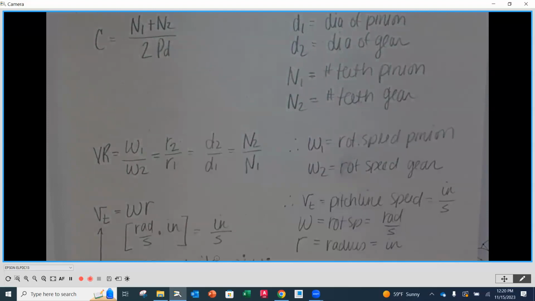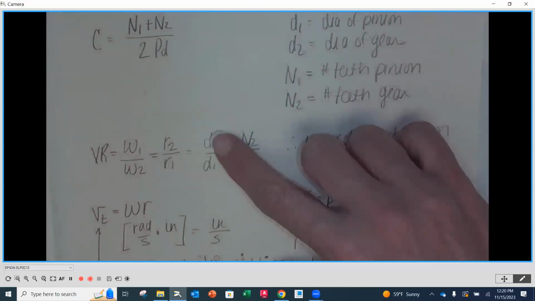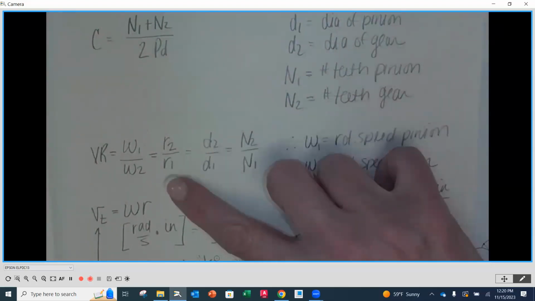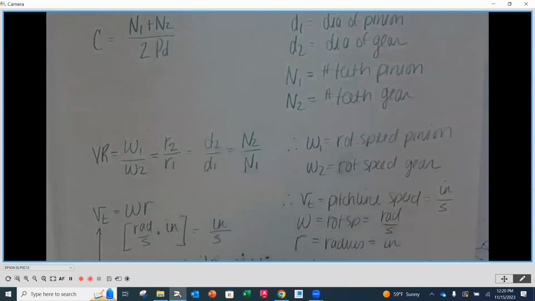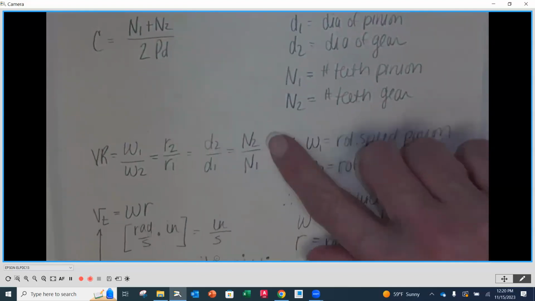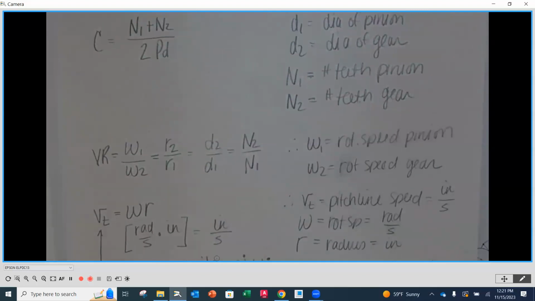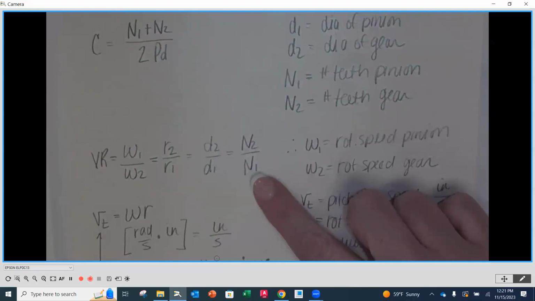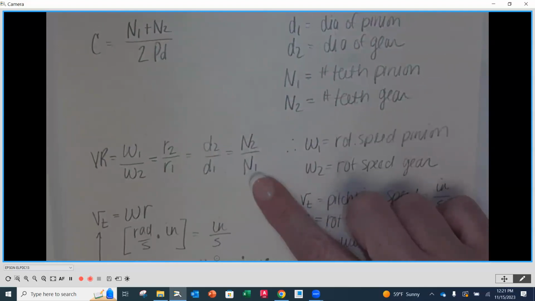Because physically a gear will be larger than a pinion, the twos go on top for radius and diameter, divided by the ones, the pinion's, on the bottom. And number of teeth, same thing. We're going to have more teeth on a gear just because it's larger. We can get more around that circumference than on a pinion.